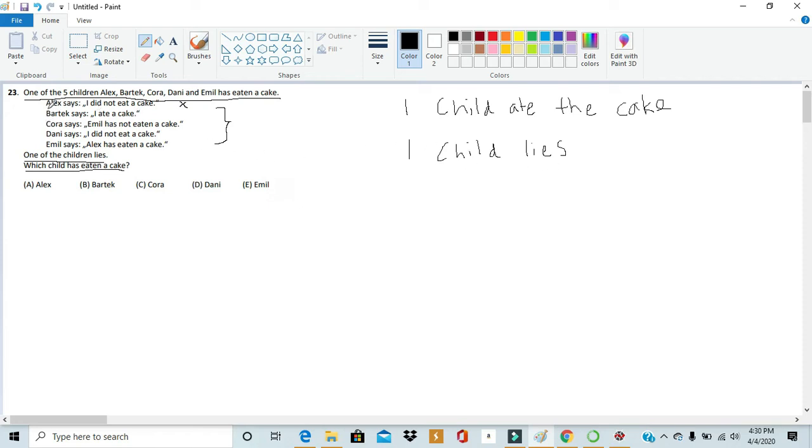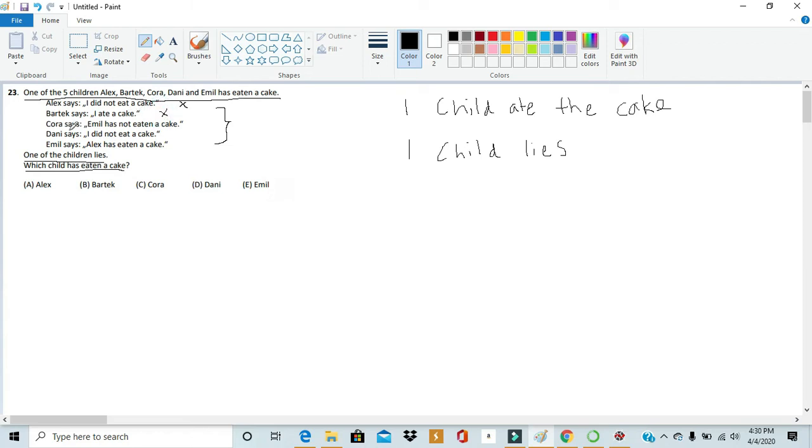So Alex and Emil both have to say the truth, which is a problem because they are saying contradictory things. Alex says he did not eat the cake, but Emil says Alex has eaten the cake. It's impossible for both to be true, showing another contradiction, and that Bartek cannot be the liar.